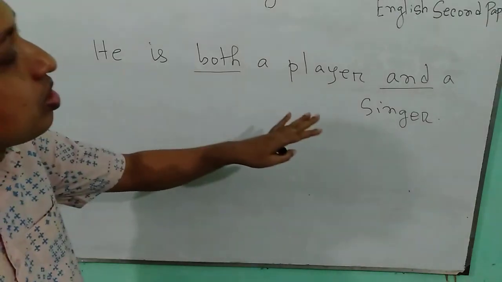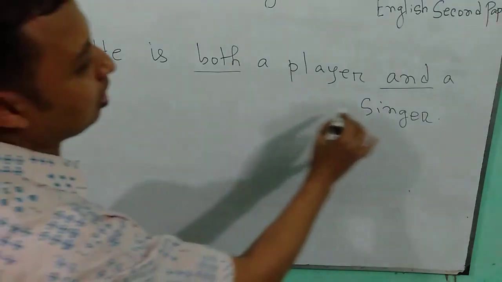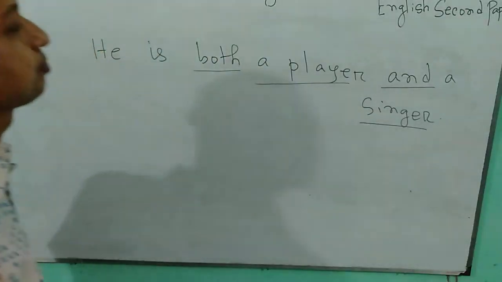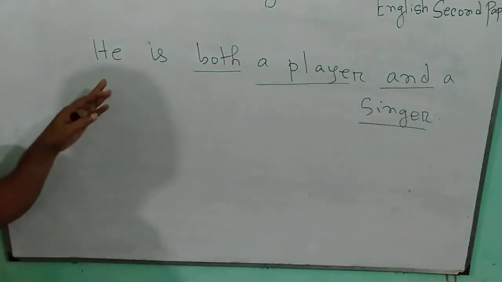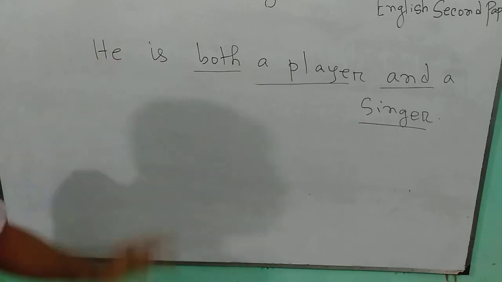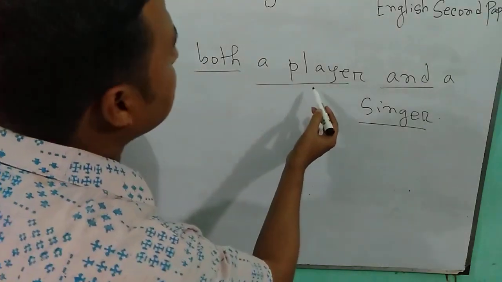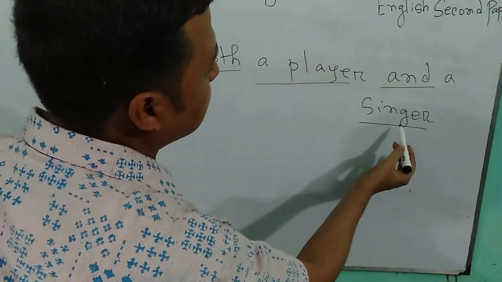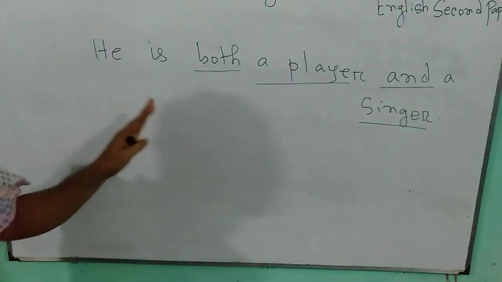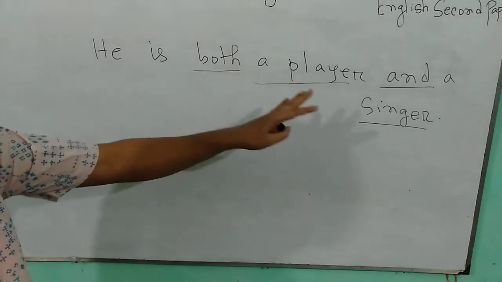These conjunctions have joined two nouns, a player and singer. He is the subject. This subject possesses two qualities. He has two properties. First one is he is a player and another property is he is a singer. When a person possesses two qualities or two characteristics, we use both...and.